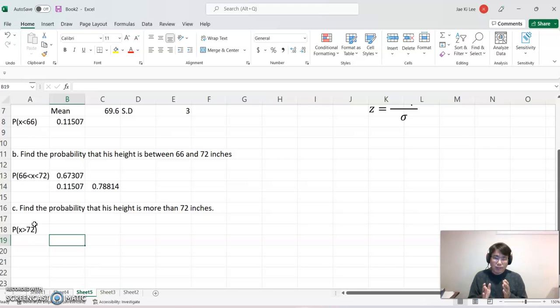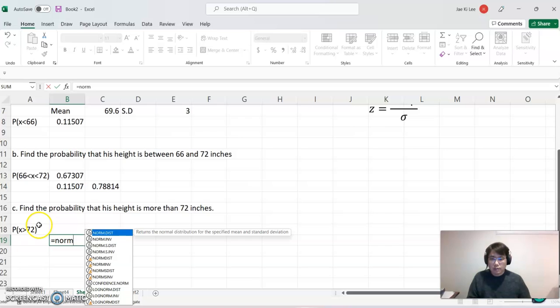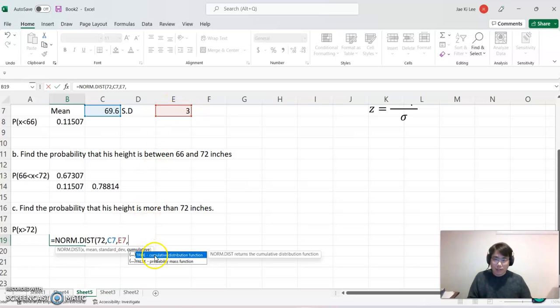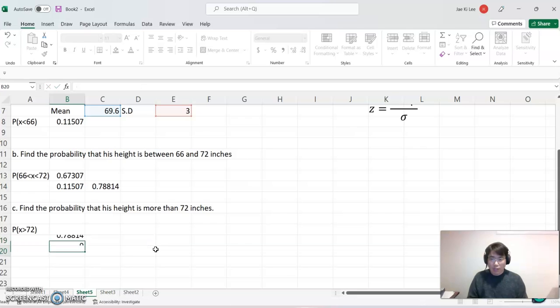So I'm going to find the probability area and then subtract that from 1. Equals norm distribution, 72 comma, 69.6 comma, the standard deviation 3 comma, and then true, enter.